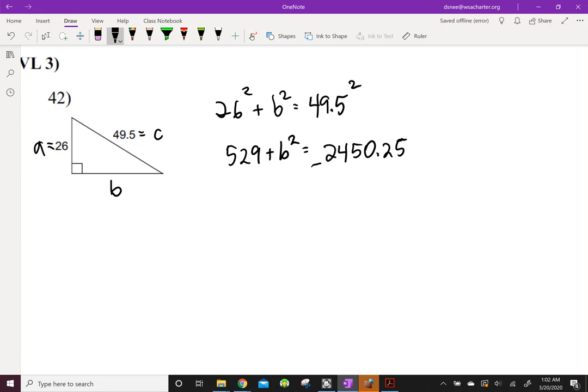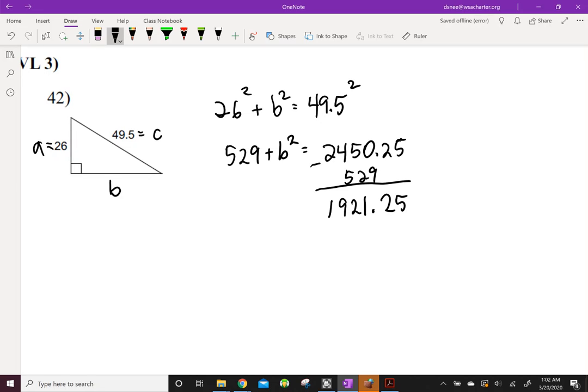And I'm just going to push the minus button in my calculator and subtract that. Minus 529, enter, 1,921.25. And some of you can probably do that just as fast on the paper or in your head.